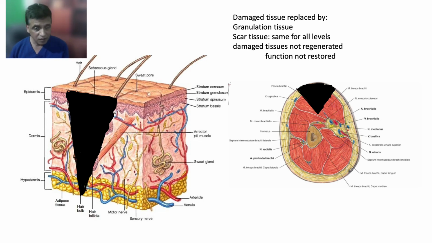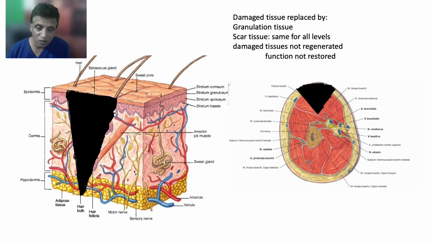Prior to this, the different layers had a distinctive function. So the dermis has its own function, the fat has its own function, and the muscle has its own function. Now it is replaced by a near homogeneous tissue, the granulation tissue or the scar tissue when the wound is completely healed. So the take-home message is that the original tissues are not regenerated.